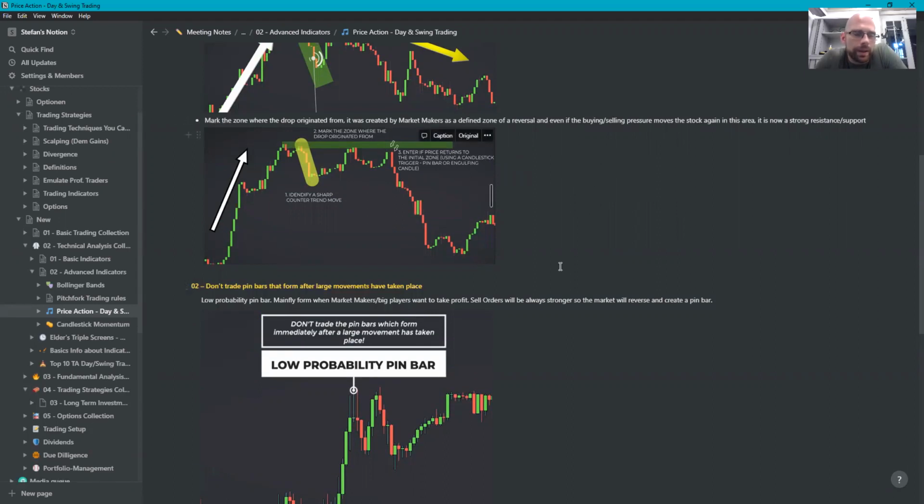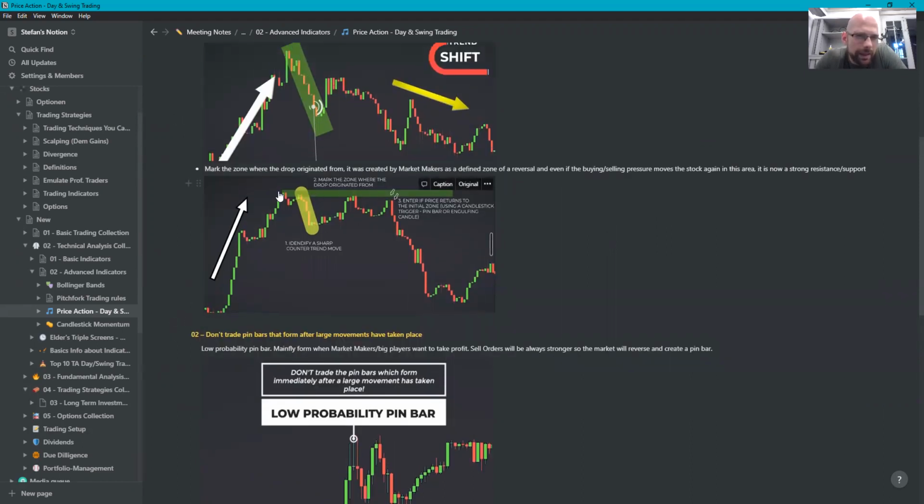When you have a strong uptrend and then a sharp counter move, and then it's retested again, forming nearly a triple or quadruple top, you can mark this zone where the sharp counter trend started and identify it as a possible demand area.